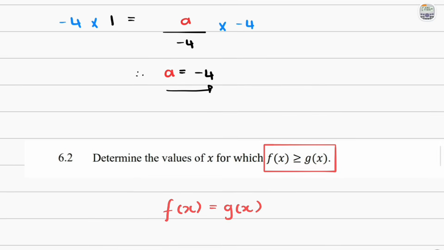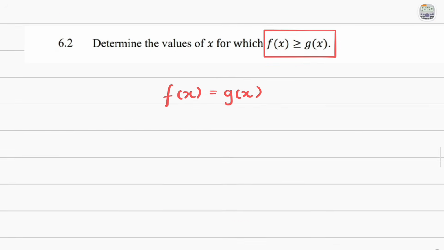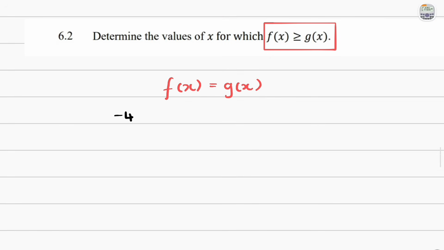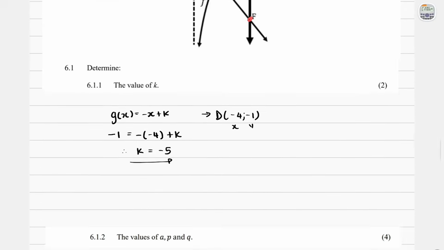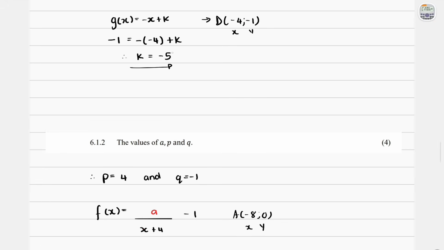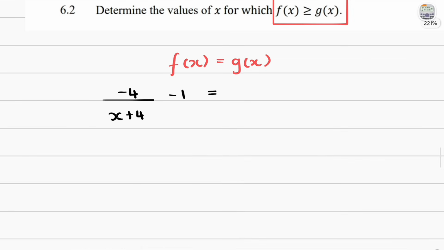Now we know that f of x equation looks like this because we found a. It is negative 4 over x plus 4, minus 1, is equal to, and g of x, that was negative x, and we found k to be negative 5. So we know now it's negative x minus 5. So it's equal to negative x minus 5.